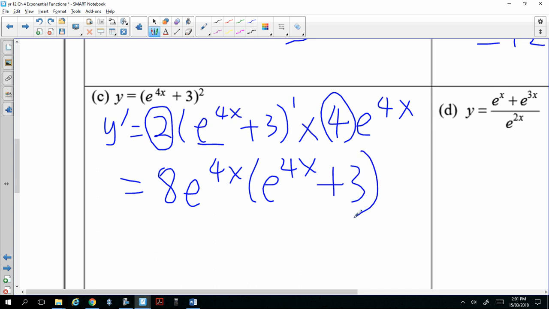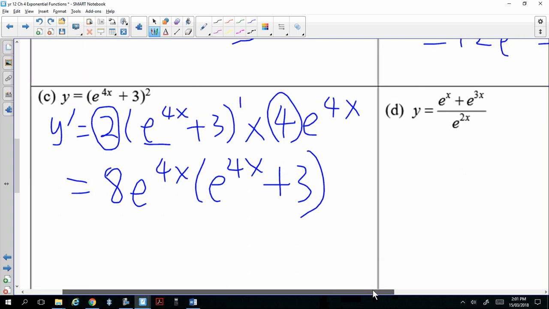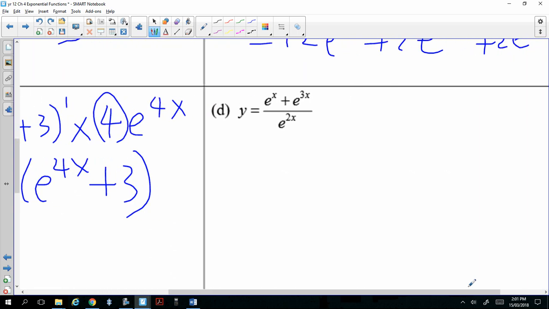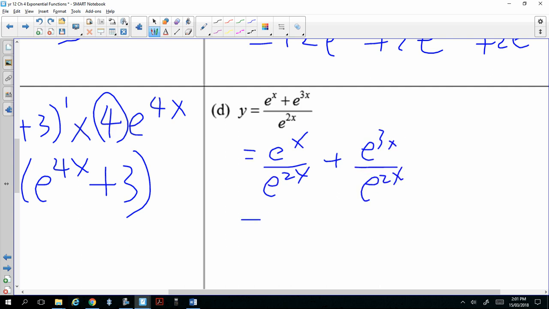Right, how about the next one? You may think it's a fraction, so let's use the quotient rule. But for this one, you don't have to, because you can just split it first. If you use quotient rule, it's going to be more work. If you split it, it will be less work. So if you split this, you get e to the power negative x plus e to the power x. Now remember, this is still y.